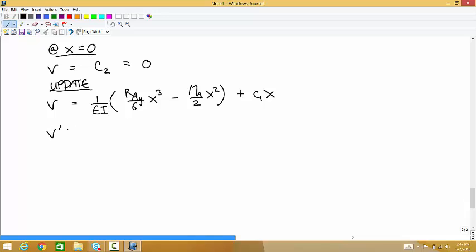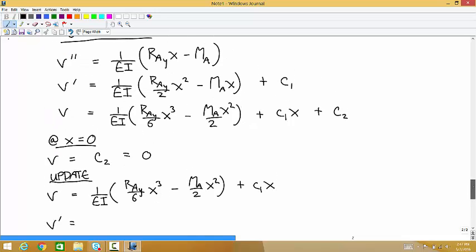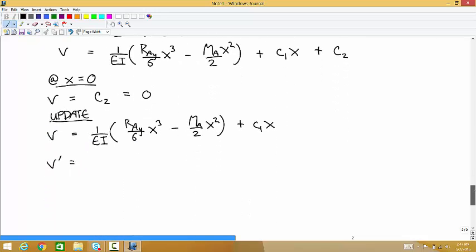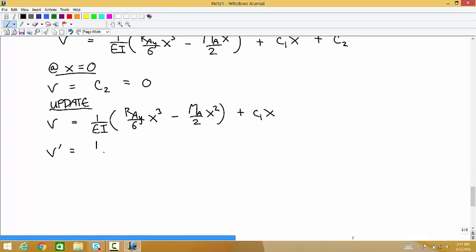And then V prime, we have an expression for it here. It's equal to 1 over EI times RAY over 2 x squared minus MAX plus C1.